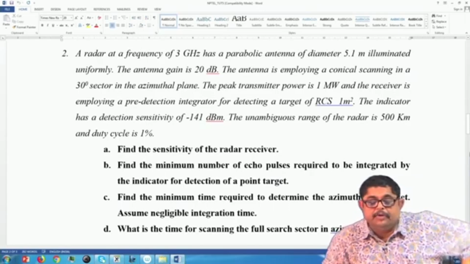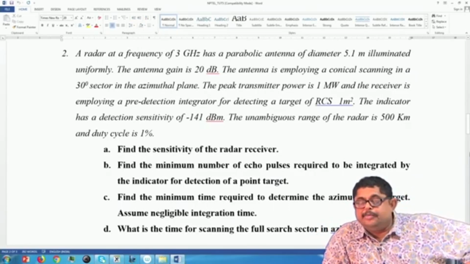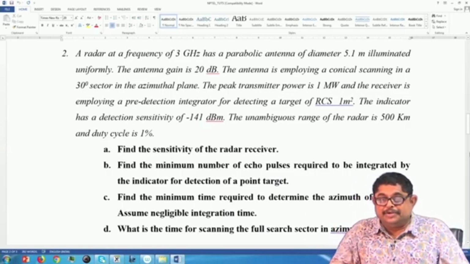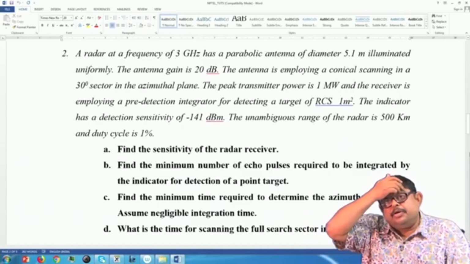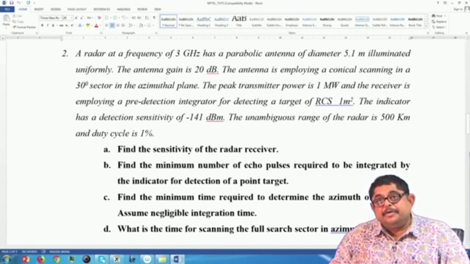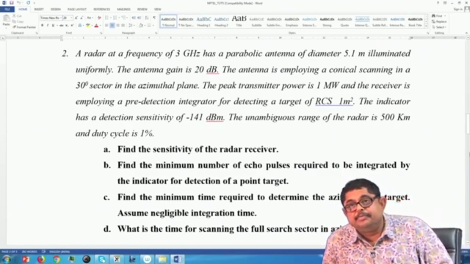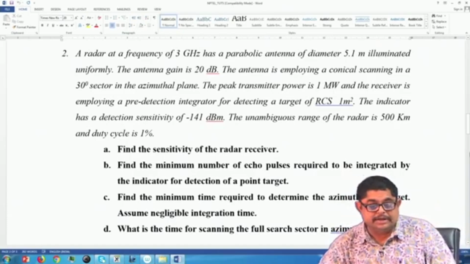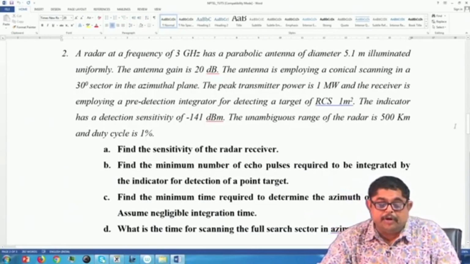A radar at a frequency of 3 gigahertz has a parabolic antenna of diameter 5.1 meter, a huge antenna, because the 1 meter antenna you see in our home dish TV is roughly 80 or 90 centimeter, but a 5 meter antenna means a huge antenna. In sophisticated radars, air surveillance radars, you will see that the antenna is illuminated uniformly.